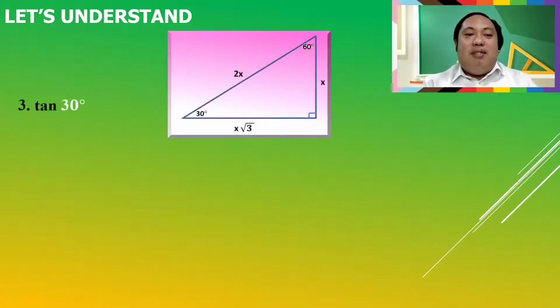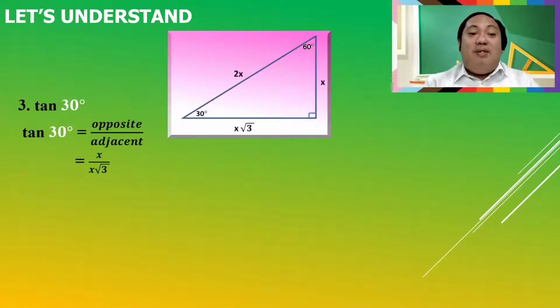Number 3, we have tangent 30 degrees. Tangent 30 degrees is equal to opposite side over adjacent side. Then we have x over x square root of 3. Then, simplifying, we have 1 over square root of 3. So we have a radical in the denominator.